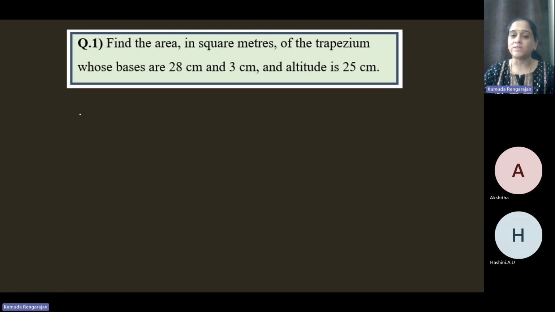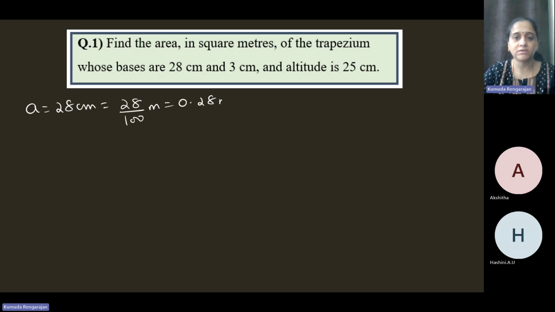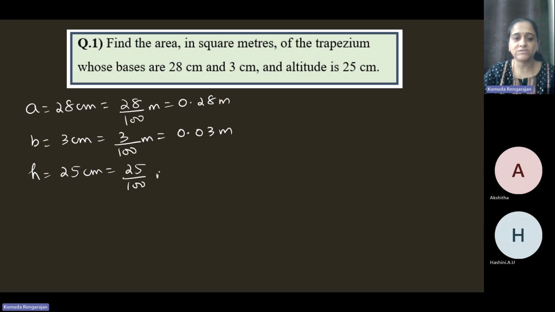So the other way of doing this is A is equal to 28 centimeters. Convert this to meter, 28 by 100 meters, that is 0.28 meters. B is equal to 3 centimeters, which means 3 by 100 meters, which is 0.03 meters. H is equal to 25 centimeters, which is 25 by 100 meter, so 0.25 meters.